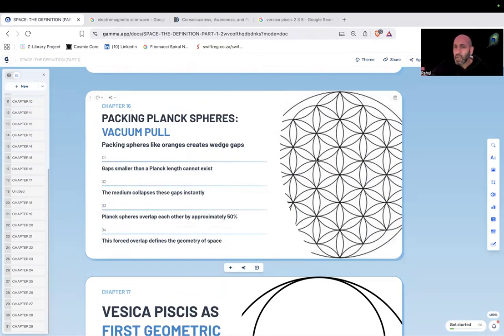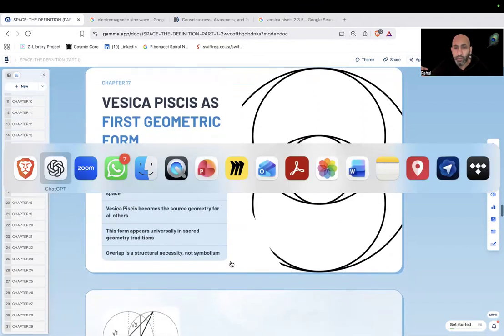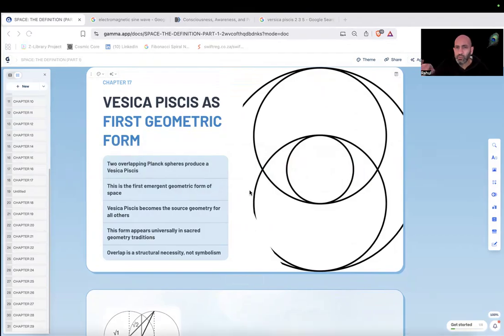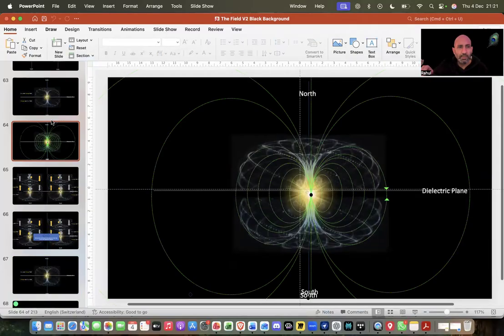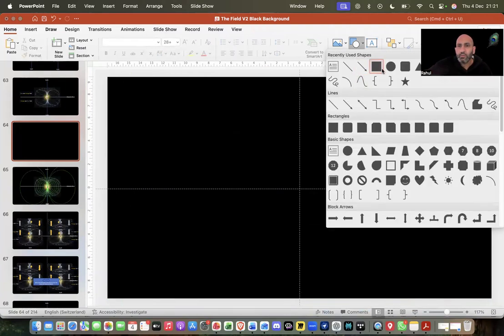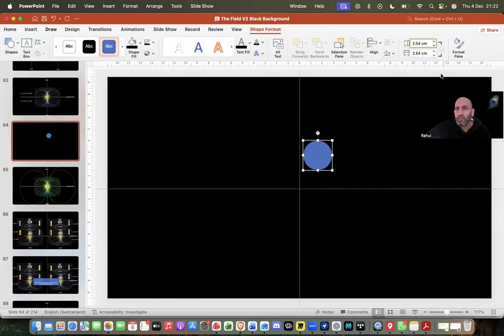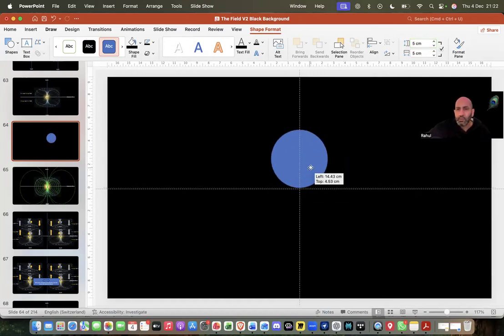But this is the tightest packing factor and that vacuum pull based on no available gap. So what I mean by that is, let's just draw it one last time and clarify that statement, why I say it has to be a 50% overlap. So let's take circle, circle.